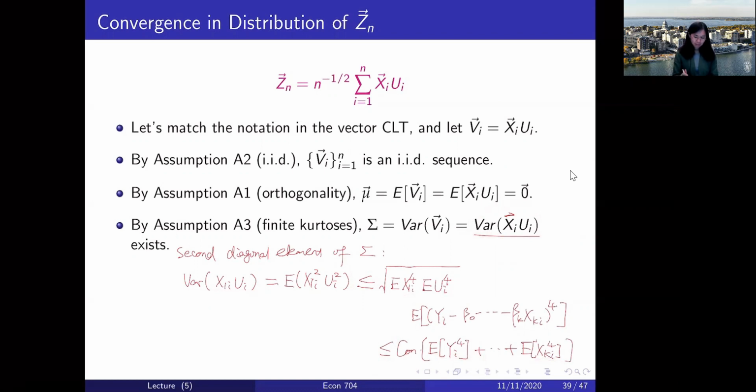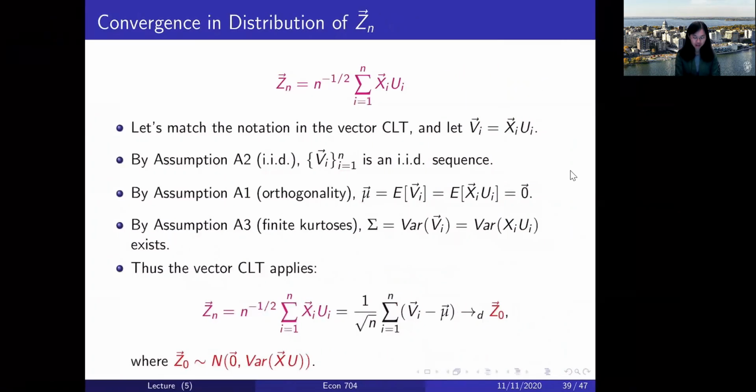Now we have all three conditions that are needed for the vector central limit theorem. We can apply the vector central limit theorem, and that tells us that 1 over root n times the sum of vi converges in distribution to a random vector z0, where z0 is normal with mean 0 and variance xu.